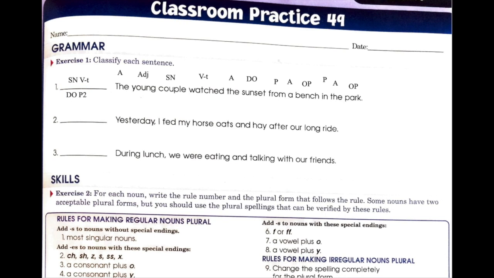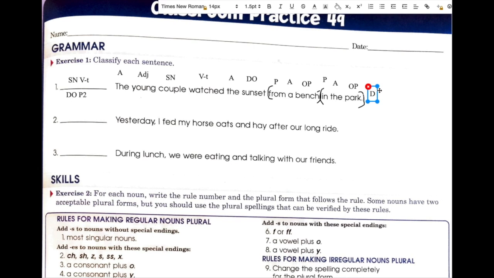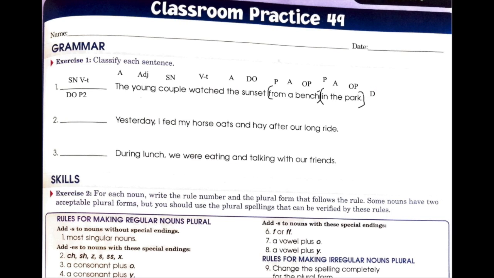Let's put parentheses around our prepositional phrases. We have a period, statement, declarative sentence. Let's go back and find the verb and divide our sentence from the complete subject and the complete predicate. Watched is our verb. Everything before that is our complete subject. And everything including that and after that is our complete predicate.